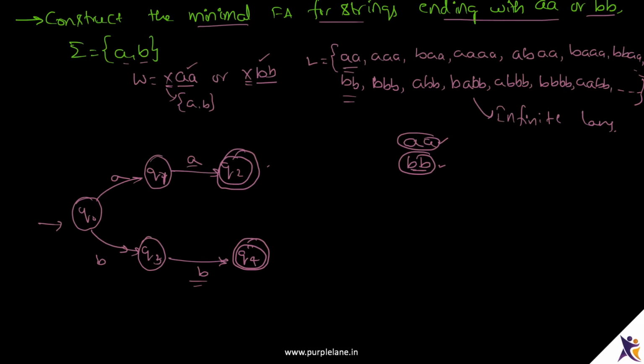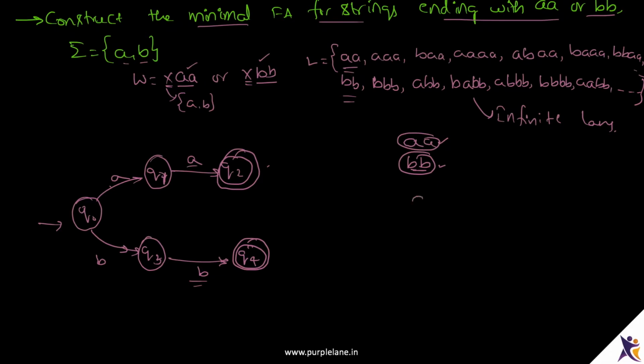Now consider each state and check if it is complete or not. Q0 is complete because it has transitions over all the input symbols. Q1 does not have a transition over B. How did we reach Q1?